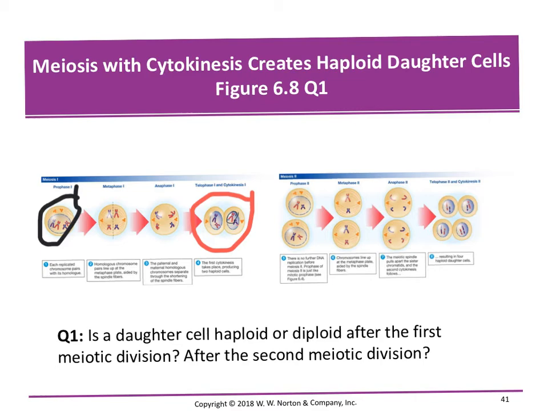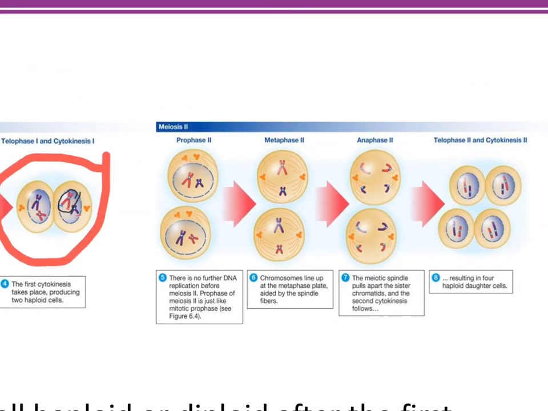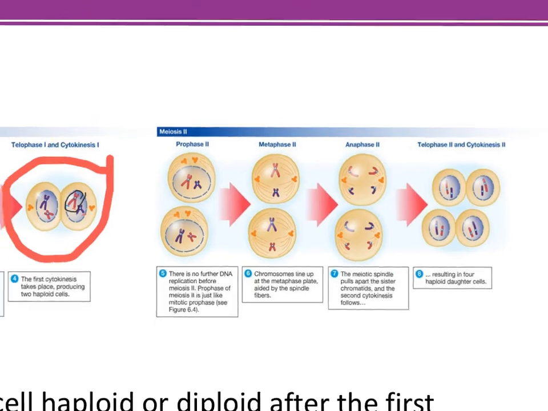And then, finally, during meiosis 2, same thing, but you end up with single chromosome gametes that are unique because of crossing over and independent assortment.